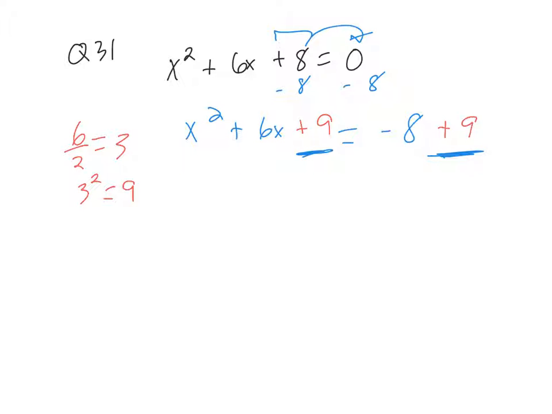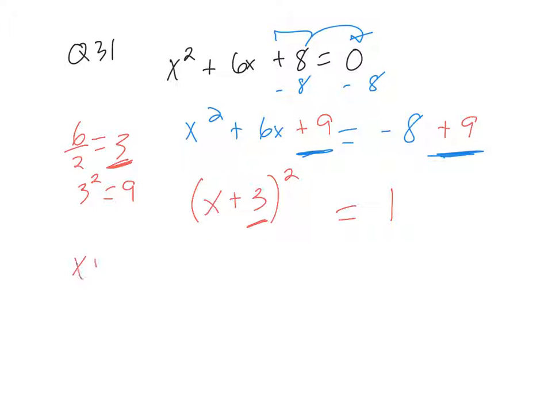The reason why you're doing this is then I can factor this into an x plus 3 squared. I get this 3 from right here when I divided by 2. And that will equal negative 8 plus 9, which is positive 1.